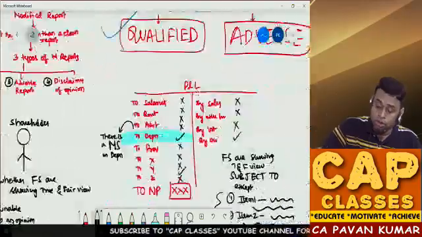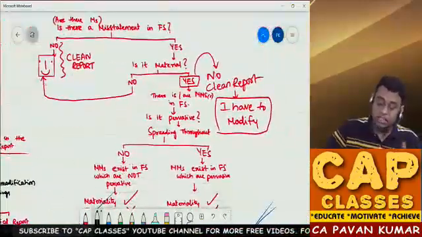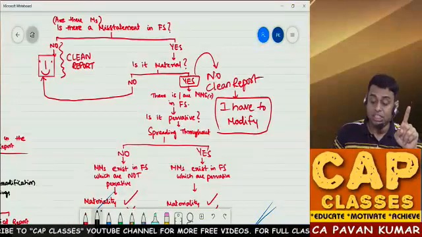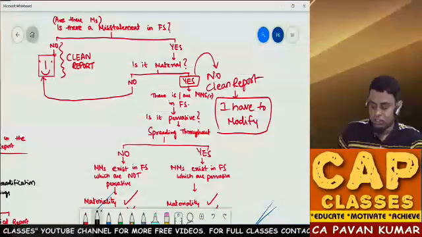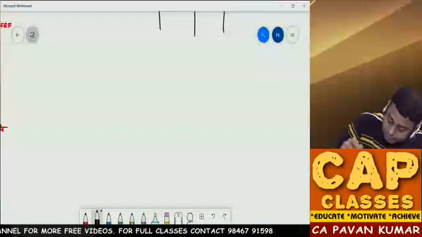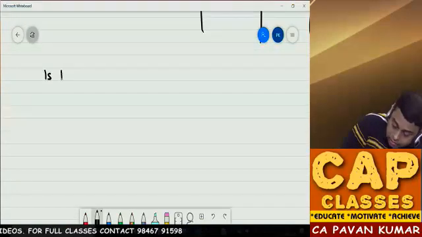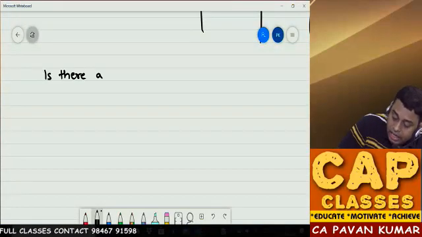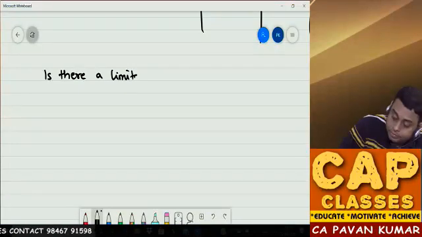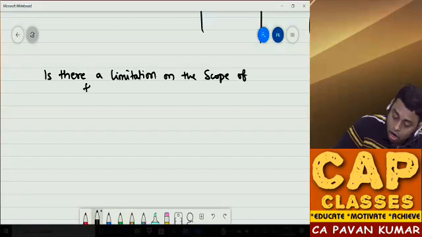Now you remember the question I asked, is there a material misstatement in financials? Like this, I am asking you another question. Is there a limitation on the scope of the audit?